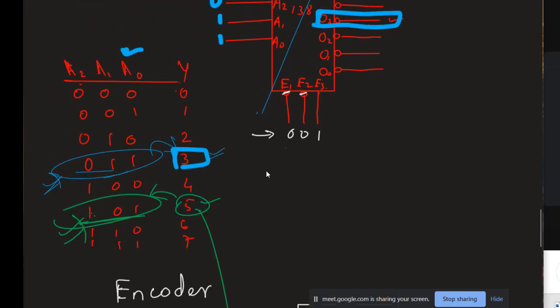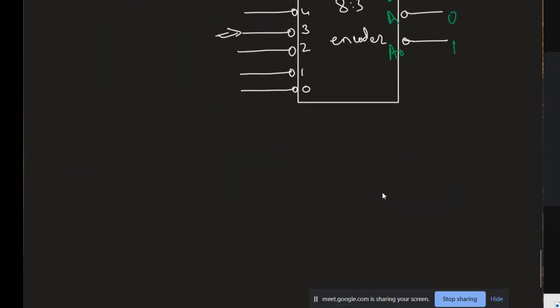So let's go ahead with this. The example for this is 74LS148 with enable line, this E1. The IC name is 74LS148.